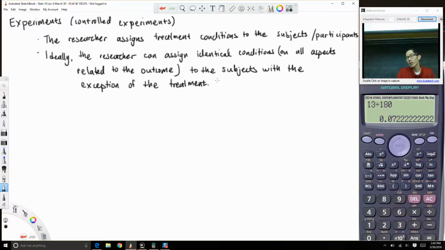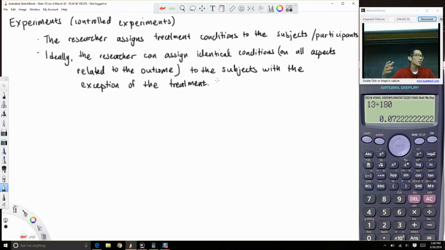On the other hand, if you did not do a proper setup, and you did something really dumb, like you stick all of the men in one group and all of the women in another group, and then you give the men's group the medication and the women's group the placebo.